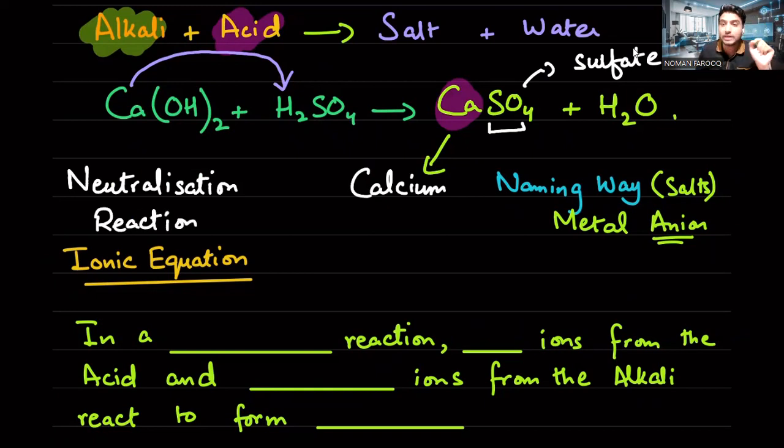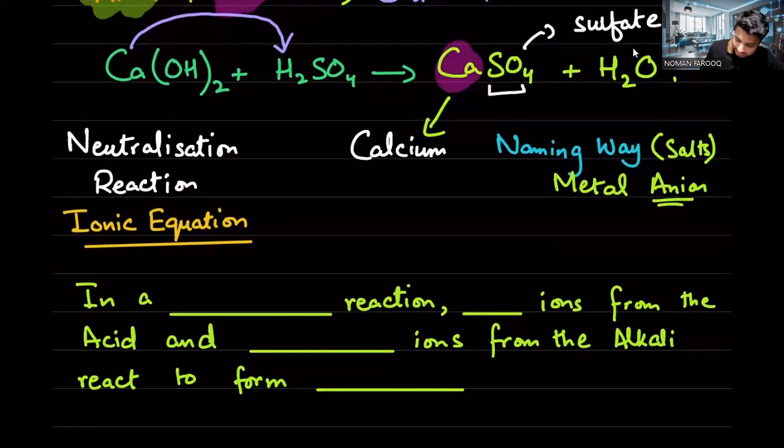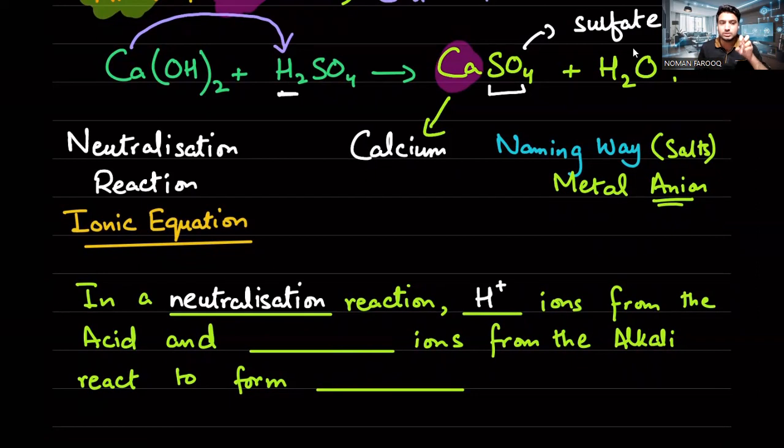Okay, so the ionic equation of this would be, in a neutralization reaction, H positive ions from the acid and OH negative ions, hydroxide ions, from the alkali combine together to form water.